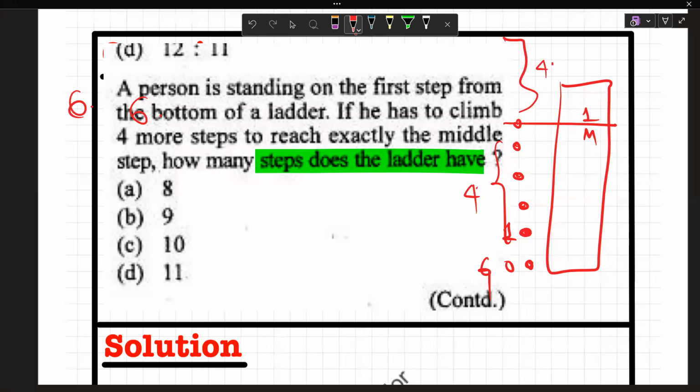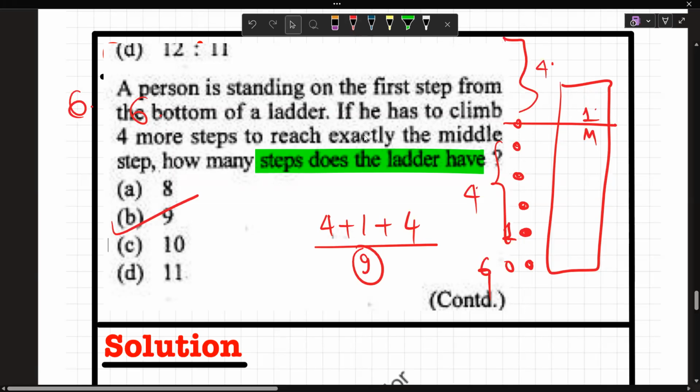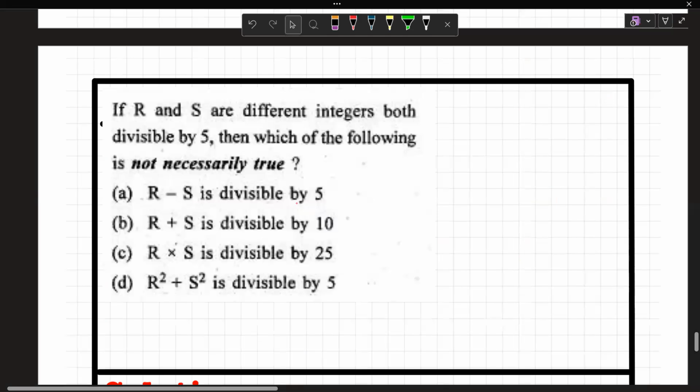This is 4 plus 1 plus 4. Easy question. So how many steps? 9 steps. Clear? Diagram approach would be a very easy approach here. No tricks here, only 4 plus 1 plus 4. You need to know this is the middle position, and 4 more steps again to the top. Clear? Okay, now let us go to the next question.